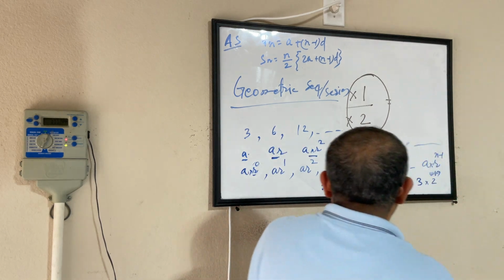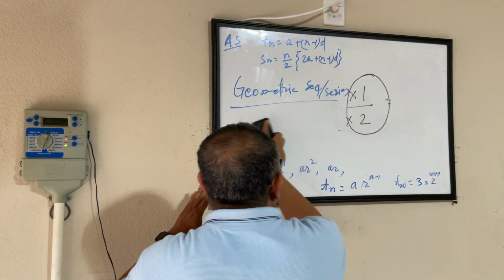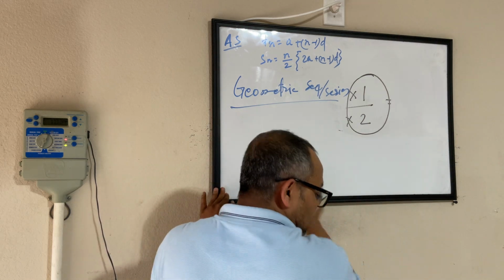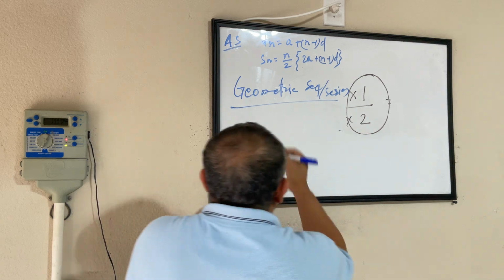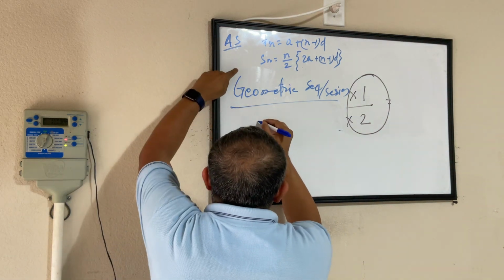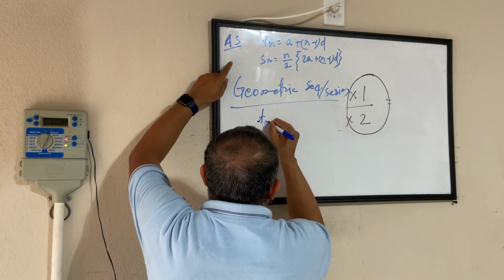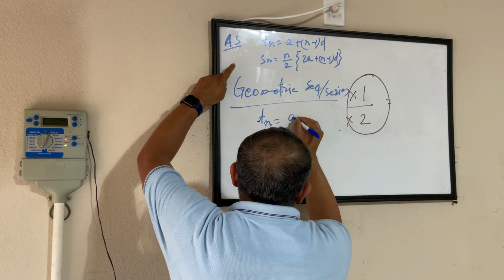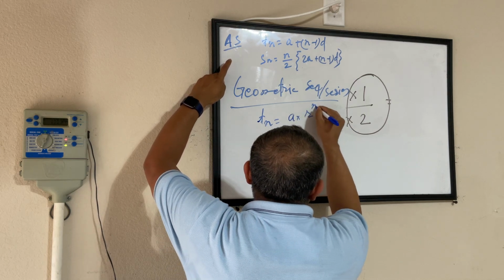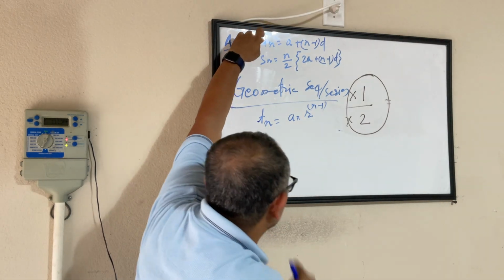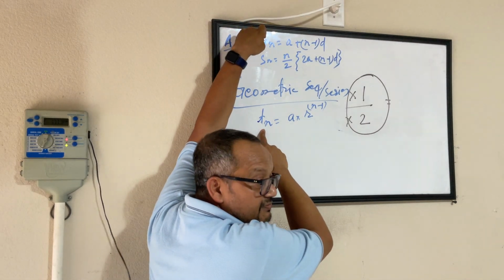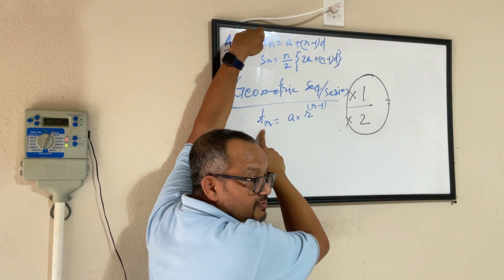All right. Now let's see. We will have to keep going back to what we have done, what we have understood, and what the correlation is. So in the case of a geometric series, my nth term is a times r to the power n minus 1. Now you can relate this with this formula. This is the arithmetic sequence formula, and this is the geometric sequence formula.